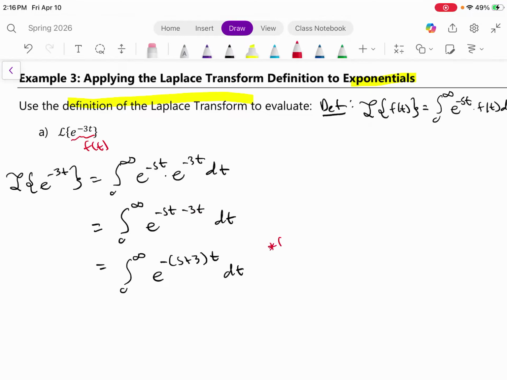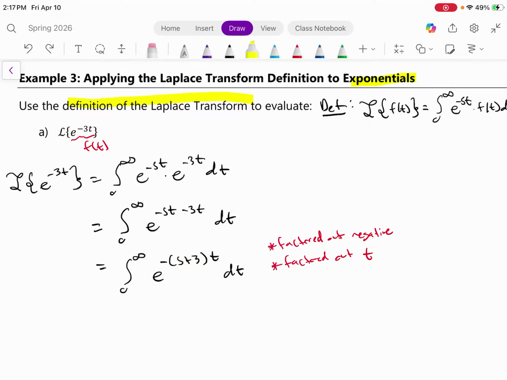We factored out the negative, and we factored out t. We want to clean it up to s plus 3, we don't want a negative s in this situation, and we want to factor out a t so that the integration is a little easier.